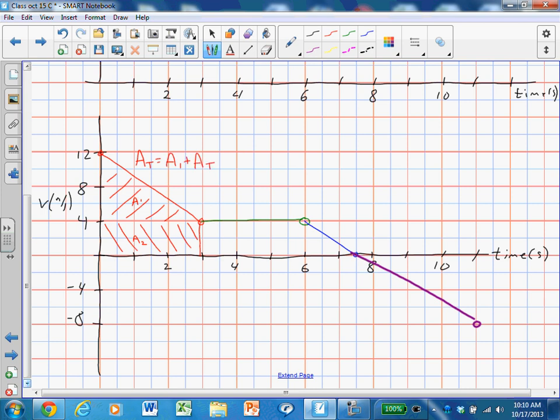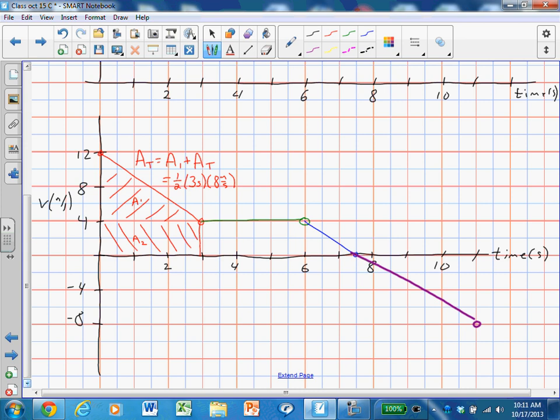So the first area is a triangle, 1/2 the base of 3 seconds and the height of 8 meters per second. Well, look at the units. They work too, don't they? Because seconds would cancel and you would have meters. 24 divided by 2 is 12 meters.